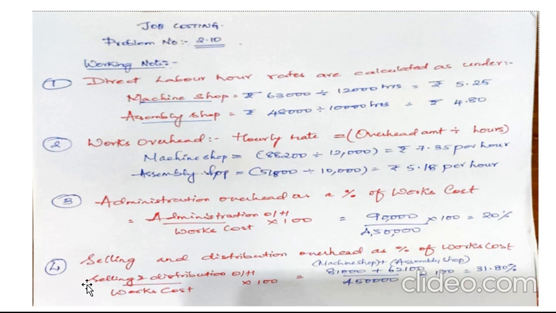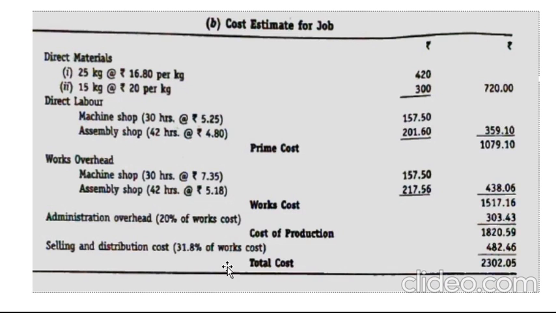So you've got your selling and distribution overhead as well. You can calculate it together or separately, but while preparing the cost sheet you need to be careful. So your selling and distribution is 31.8% of works cost.